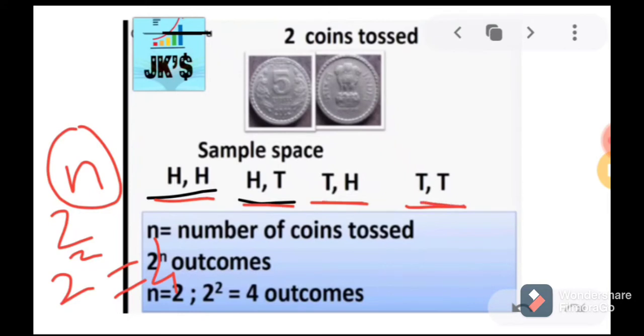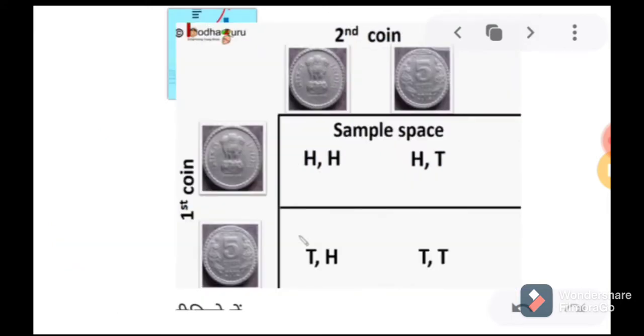Now, two coins are tossed. This is the first coin and this is the second coin. We get head from the first and head from the second, means HH. Head from the first and tail from the second, we get HT.